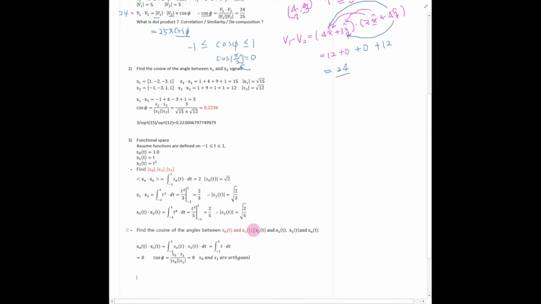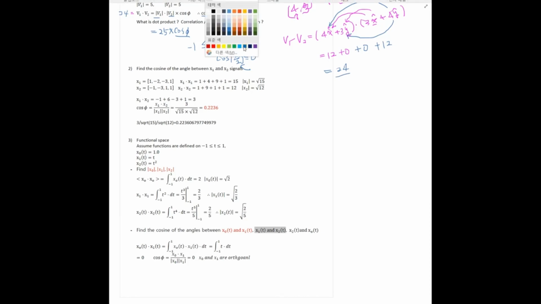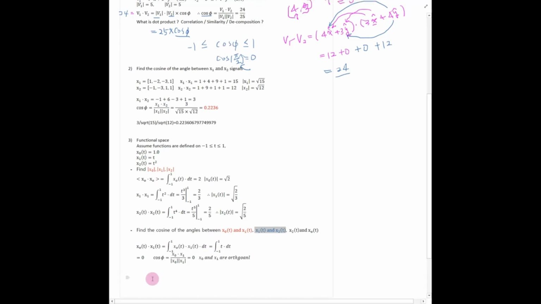What about the next one? The next is the x1 to x2 angle. I would like to calculate the angle between x1 and x2.